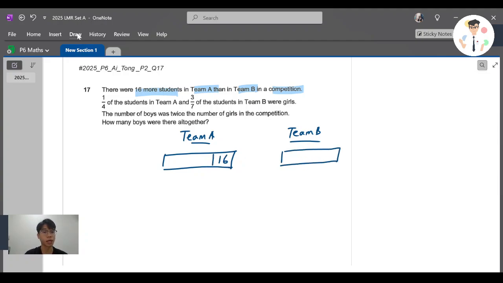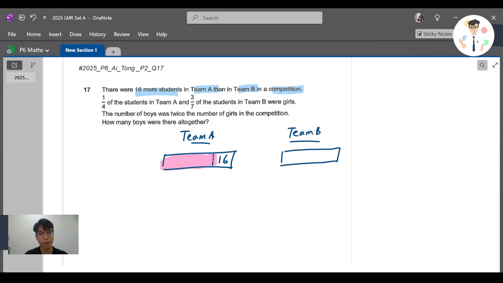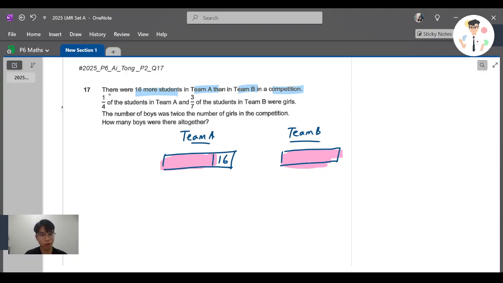Again, let me change to a different color. You know that this and this are actually the same. Here it says that 1 out of 4 of the students in team A and 3 out of 7 of the students in team B were girls. Oh, wow.